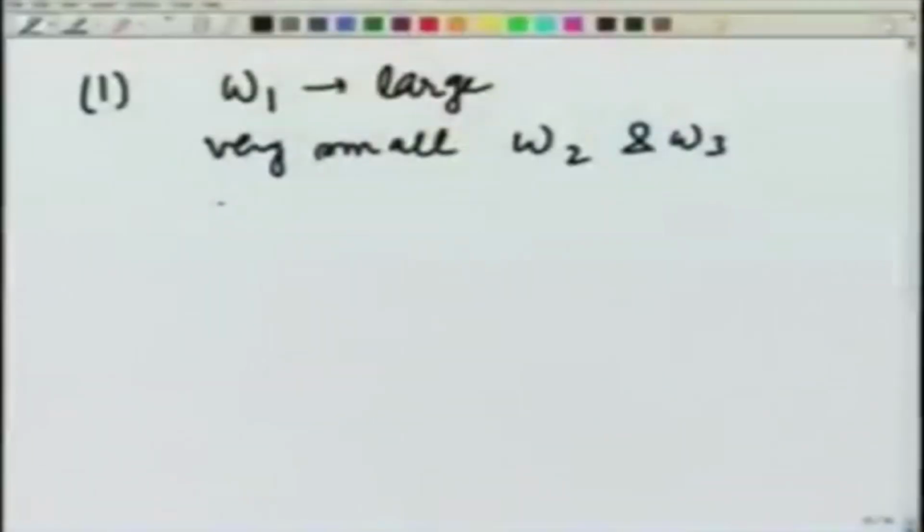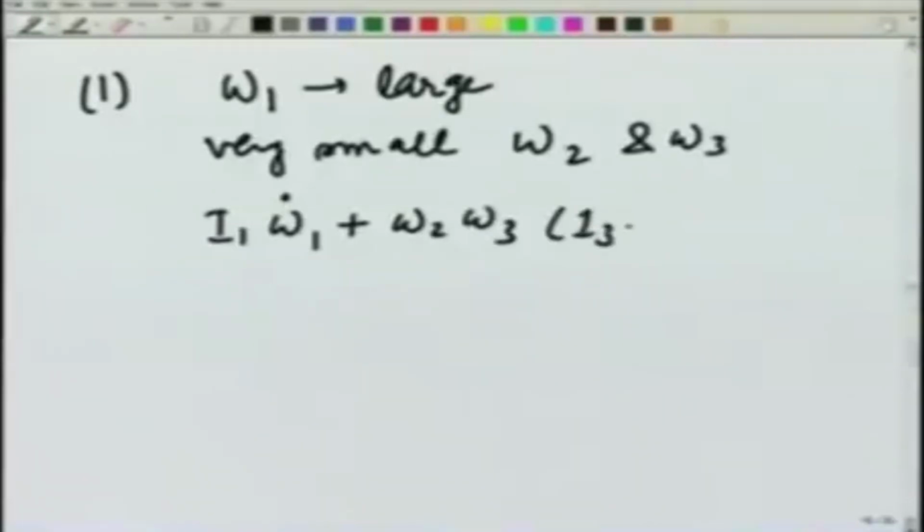In this case, the equation would be I1 omega 1 dot plus omega 2 omega 3 times (I3 minus I2) is equal to 0. Since omega 2 and omega 3 are very, very small, I can in the first approximation neglect this.